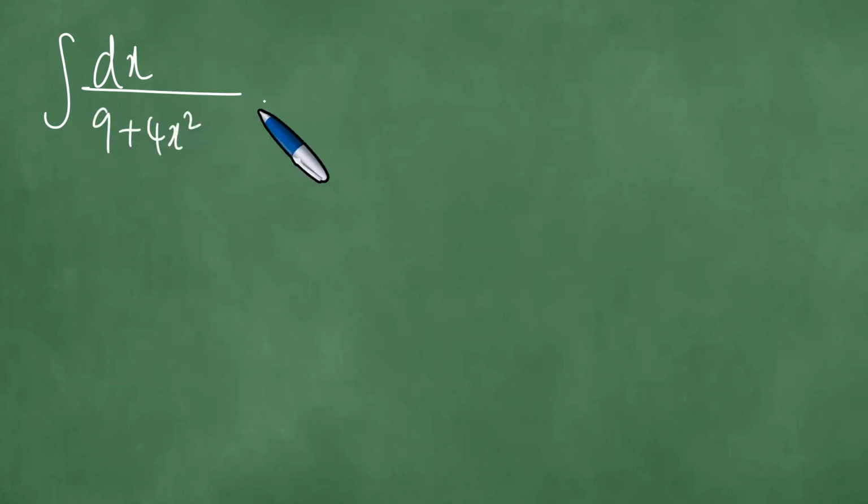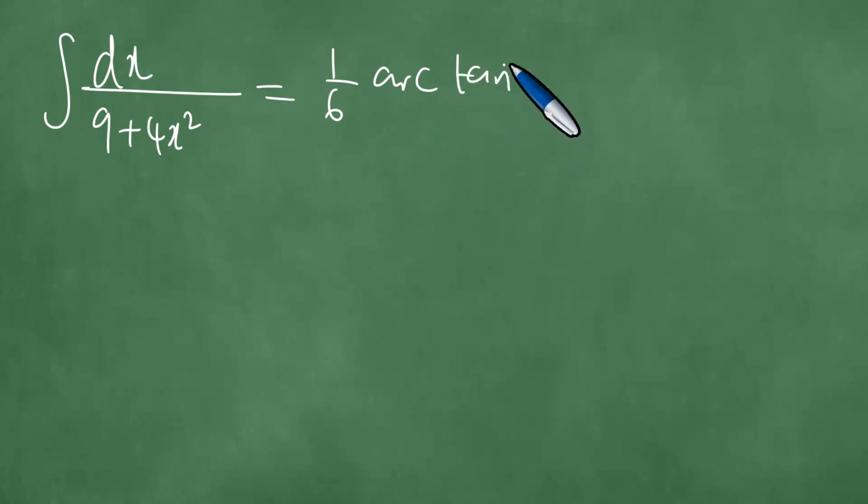So the integral of dx over 9 plus 4x squared is 1/6 arctan of 2x over 3 plus c. And that is the answer. We look at the next example.